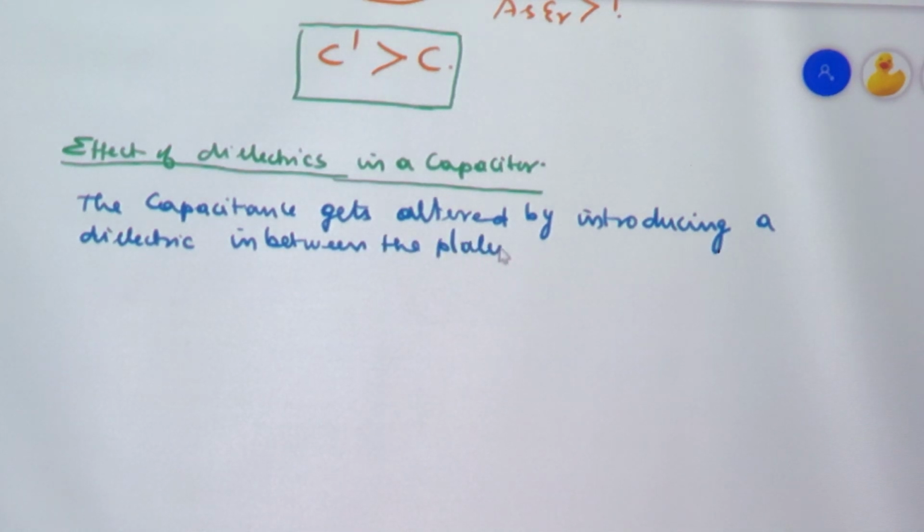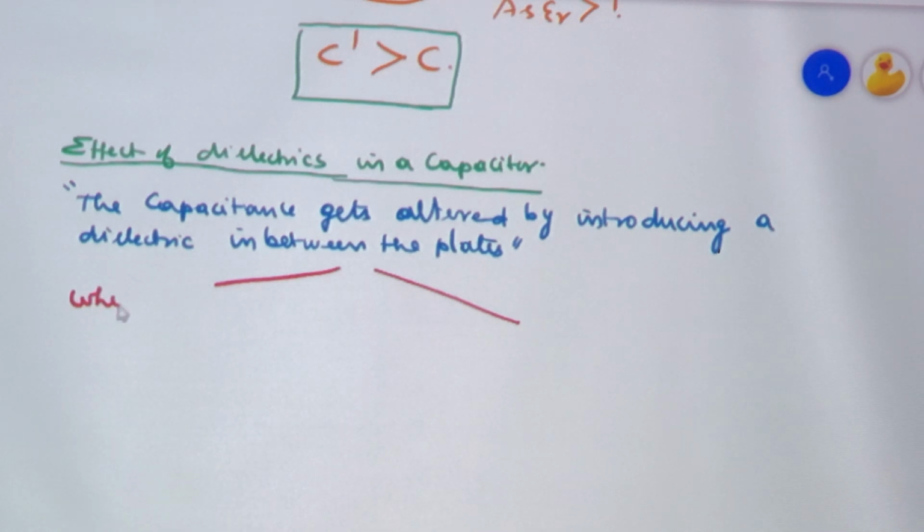This is what we have written in the previous case also. But we can study this concept in two ways. What are the two ways by which this alteration in capacitance can be studied?